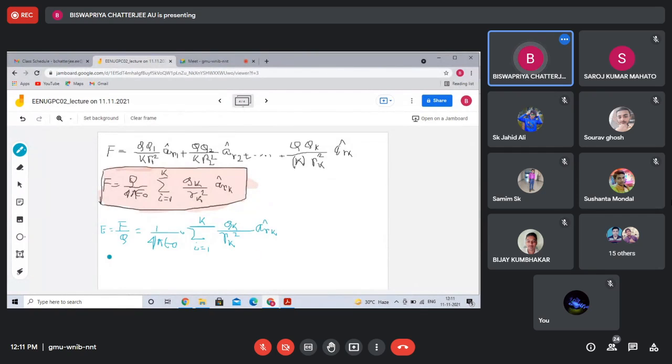This is the formula for electric field intensity. It's a very important concept. It is the force per unit charge.